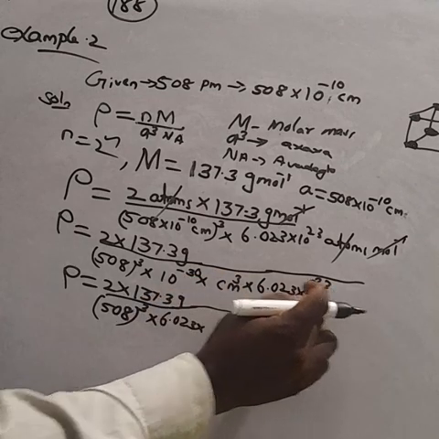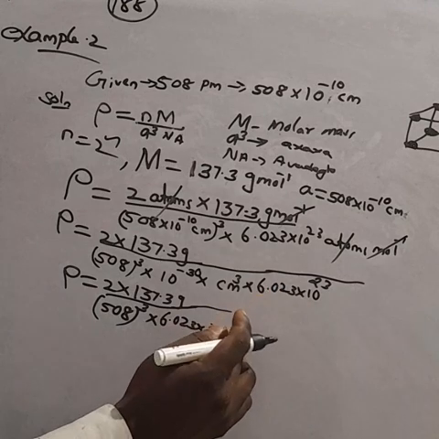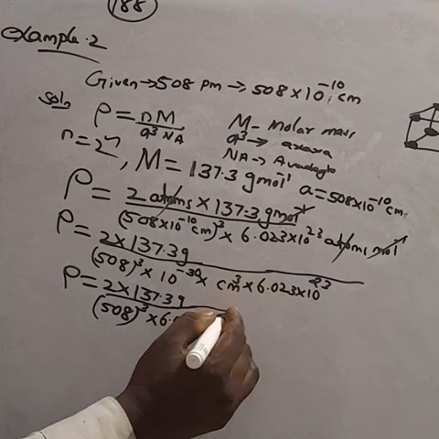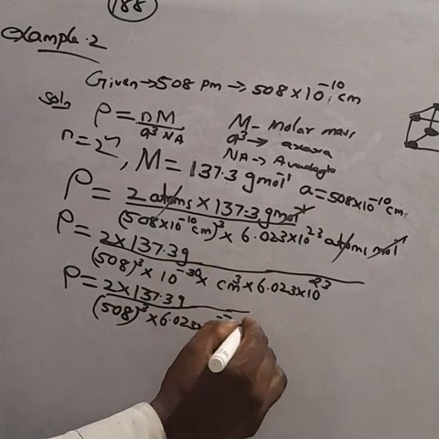We can cancel like that. 30 minus 23, we know that, is 7, so we have to write minus 7, since 30 has the negative, so minus 7 into centimeter cube.